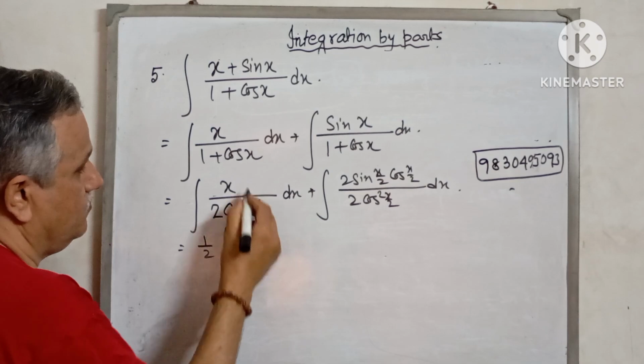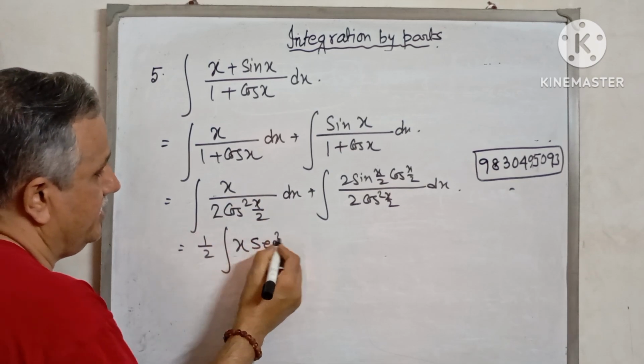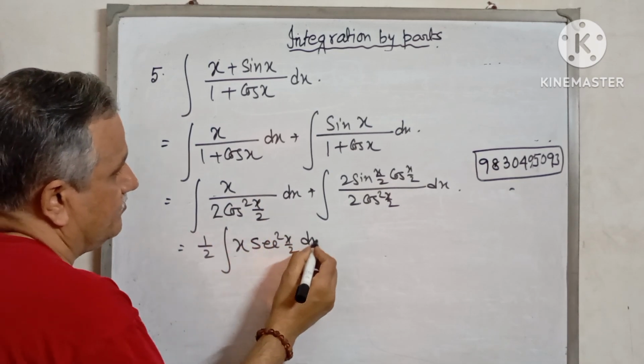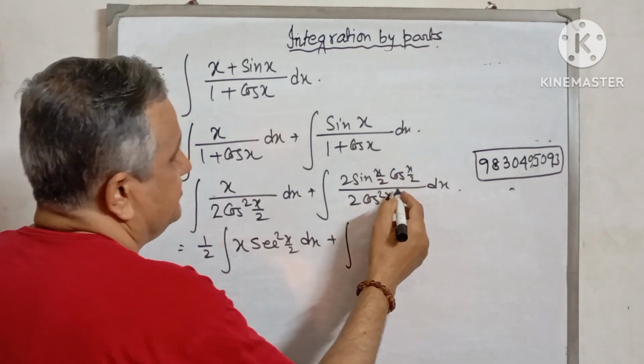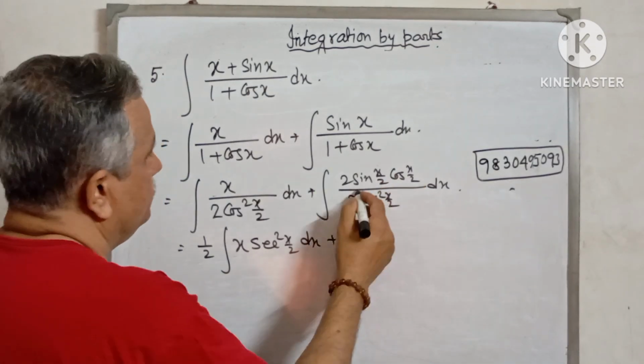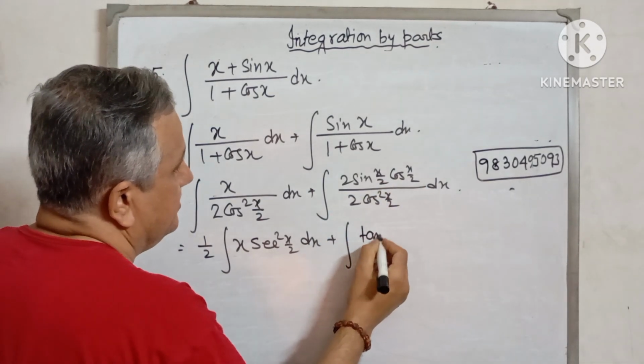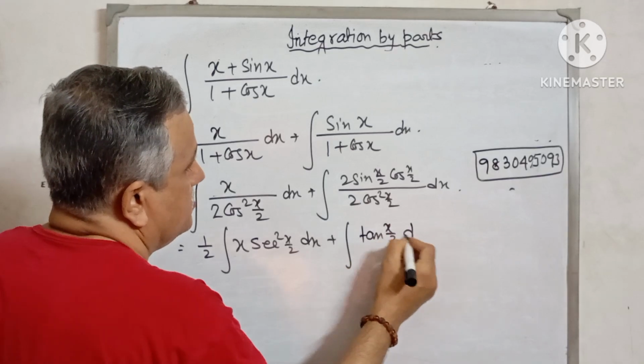Cos square, 1 by cos square is sec square, and here cos x by 2 cancels, 2 cancels, it becomes only tan x by 2 dx.